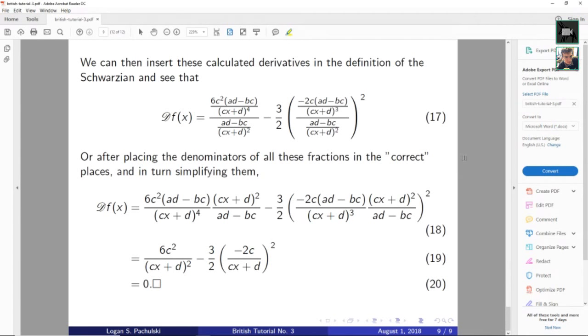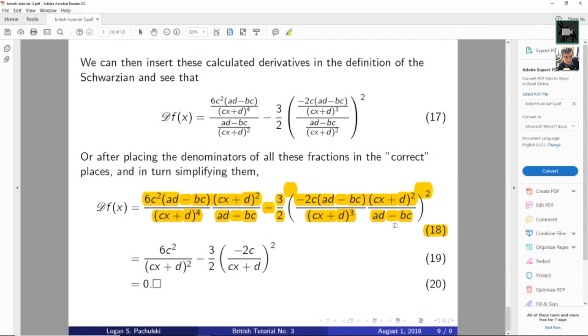Since division is multiplication by the inverse, we can effectively swap the places of the cx plus d to various powers across the denominator numerator border to get the equation that we have here.